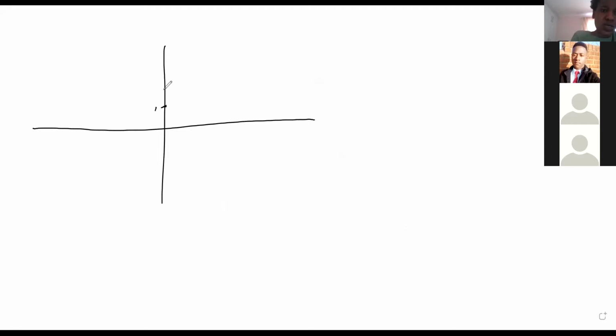You are given a graph. The axis has 1, 2, 3, minus 90, minus 180, 0, 90, 180. Then you've got the asymptote here, and the asymptote here.